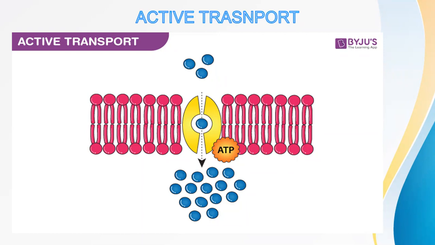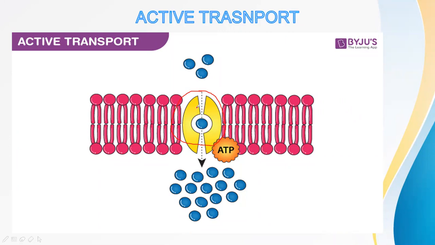How does the sodium ion enter the cell? On the screen you are seeing, in the yellow color part, that is a carrier protein. This is the carrier protein. And in blue color, these are the ions or molecules.